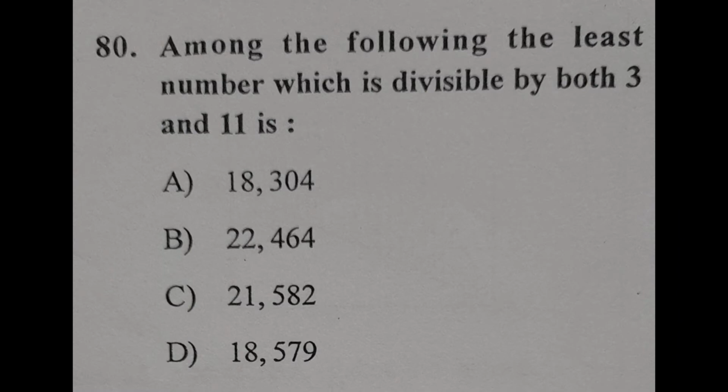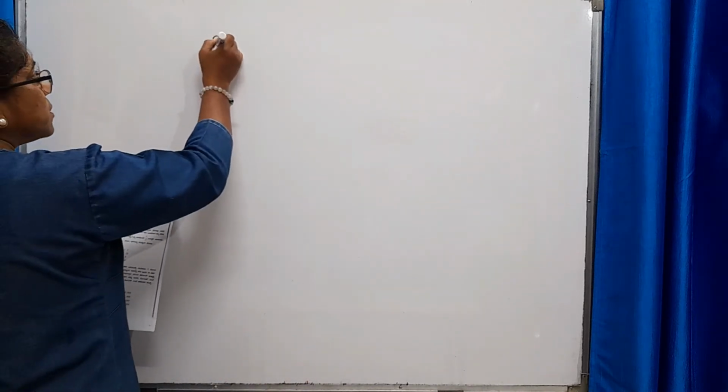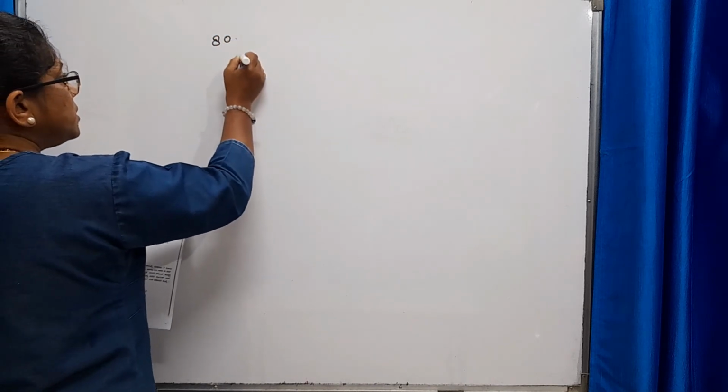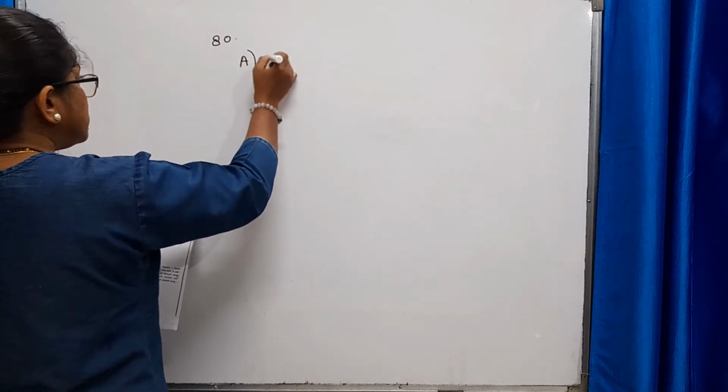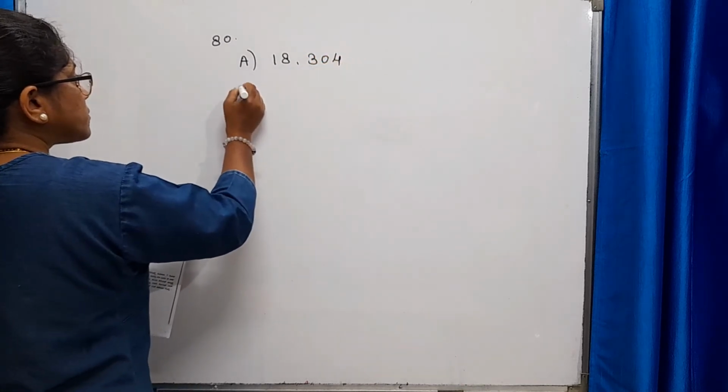80th question. Among the following, find the least number which is divisible by both 3 and 11. So now we want the least possible number. Option A is 18,304.